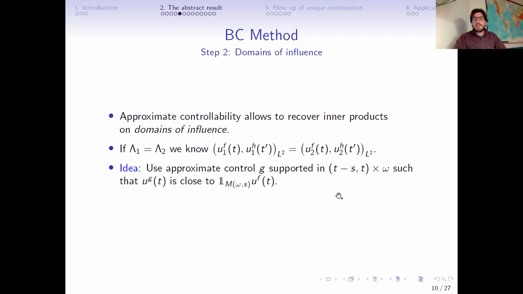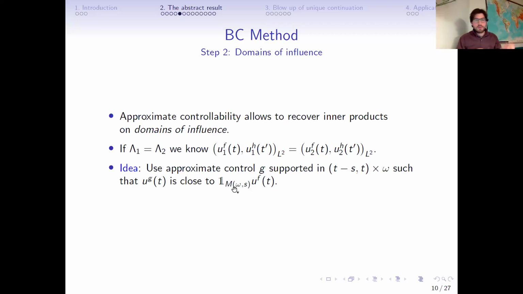And the main point is that if I choose my control g supported in this time interval, so you can think that my control g has support in time of total length s, because it's from t minus s to t, then by finite speed of propagation, the solution will be supported in this domain of influence.